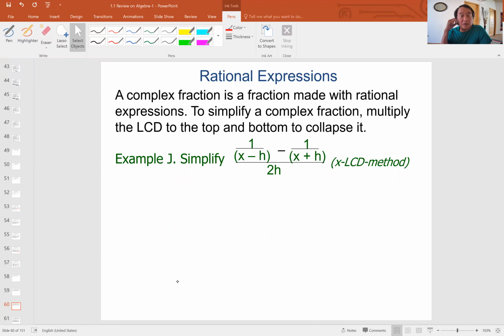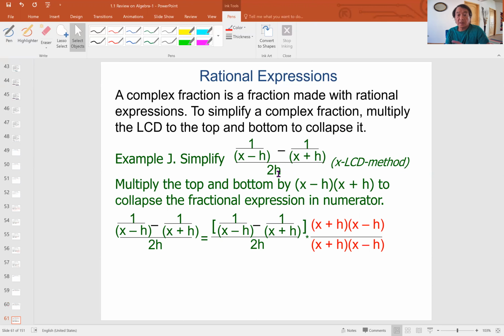What else are we going to use the LCD for? This is a step we're going to do in simplifying difference quotients. We clear these complex fractions to the degree where this h will be canceled out. How? Oh, use the LCD. What is the LCD? Well, it's x plus h times x minus h. Again, we multiply this problem by the number 1.